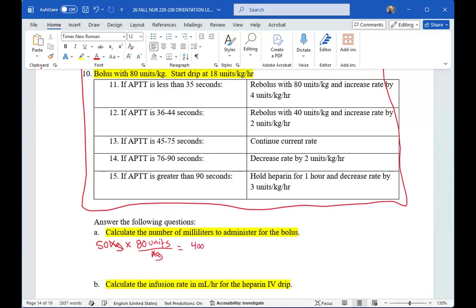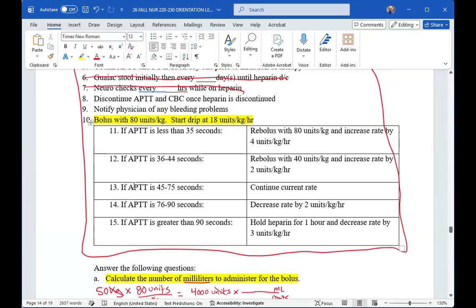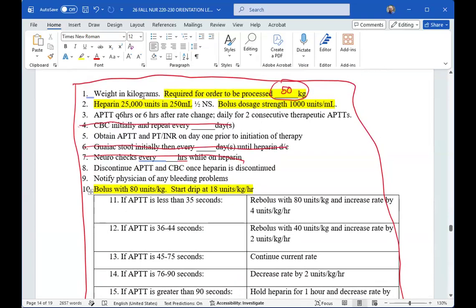I'm showing this to you initially in steps, and then I'll show you how you should probably set it up and just do one long calculation. Again, if all they wanted to know was how many units, I'd be done, but it says how many milliliters. So I need to know how to convert units, which I'm going to get rid of, to milliliters. We have two pieces of data that are going to help us out with that.